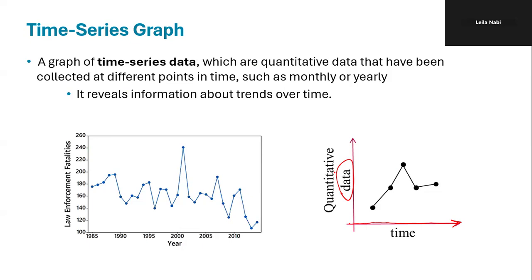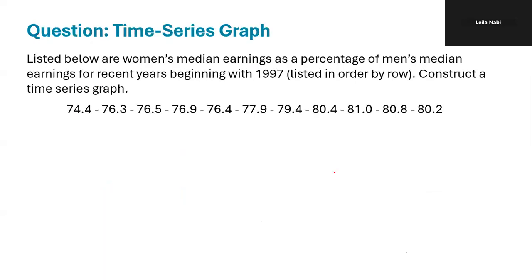For example, if I want to create a time series graph for this example, these numbers are showing the women's median earnings as a percentage of men's median earnings for recent years beginning 1997.